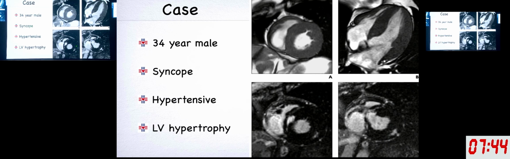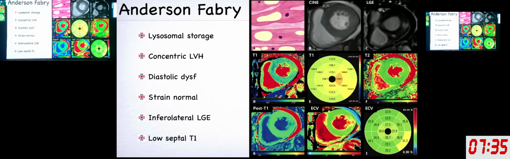You will see ideally infralateral mid-myocardial enhancement, which is the typical appearance of Anderson-Fabry's disease, whereby in the septum you will see low T1 values, but areas of enhancement, which is the infralateral, you will see high T1 values or enhancement. This is something we don't see that much, but very important to have T1 values for this. So if you're procuring or upgrading your system, please don't question whether T1 is required or not.